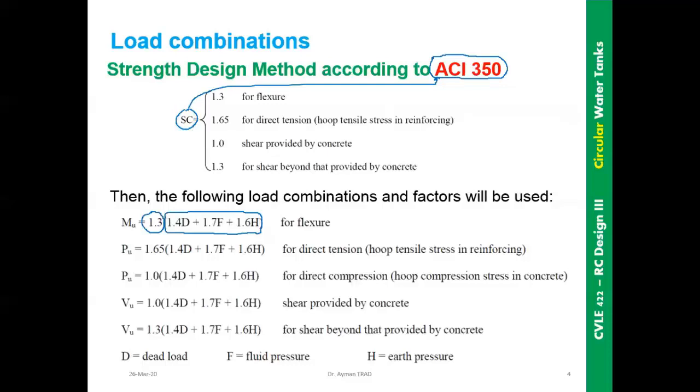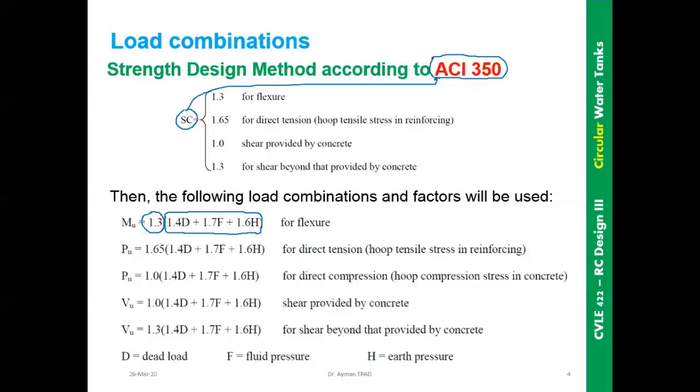So we are doing a design that is over-safe in order to guarantee a section without cracks. This sanitary coefficient is 1.3 when we are designing for flexure, 1.65 in the case of ring tension, such as in circular tanks, 1 for shear if the members are without stirrups, without shear reinforcement, and 1.3 for shear for members like beams where we are providing shear reinforcement.